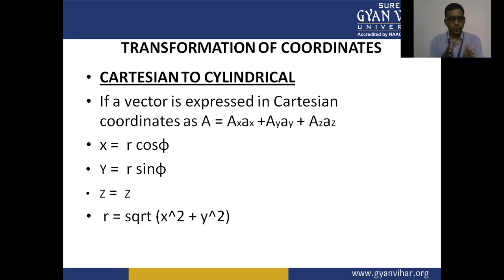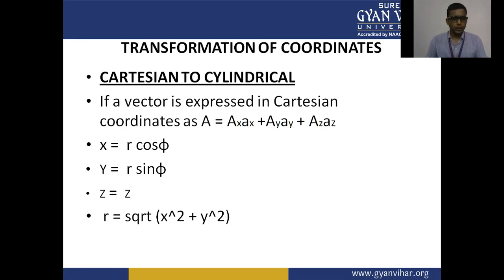First we are going to express Cartesian to cylindrical. So x is converted into r cos phi, y is converted into r sin phi, and z is the same in Cartesian as well as cylindrical coordinates. There is no change in the z-axis.